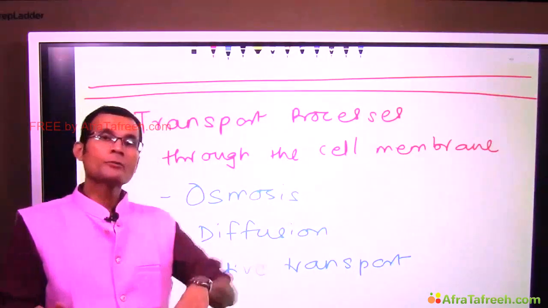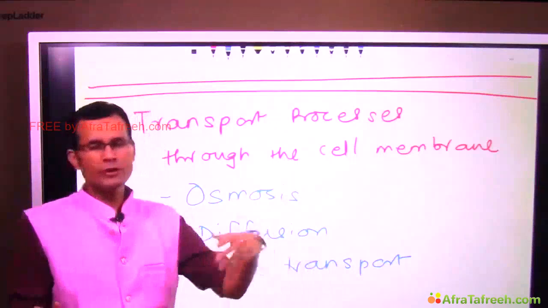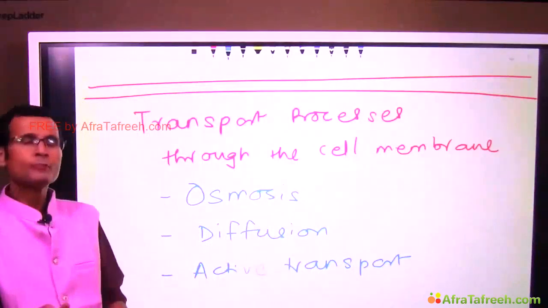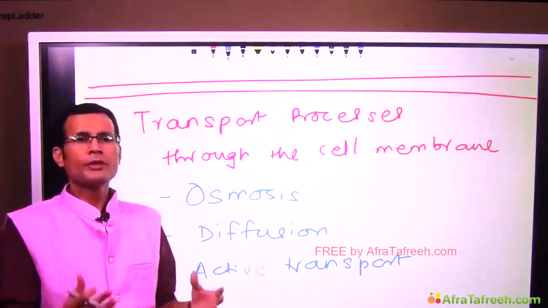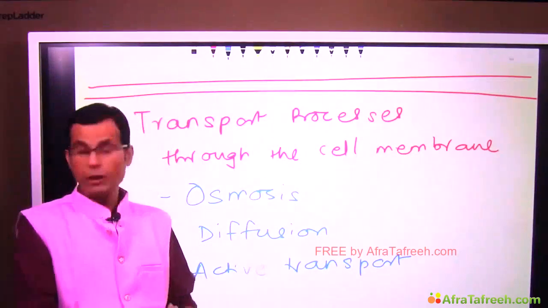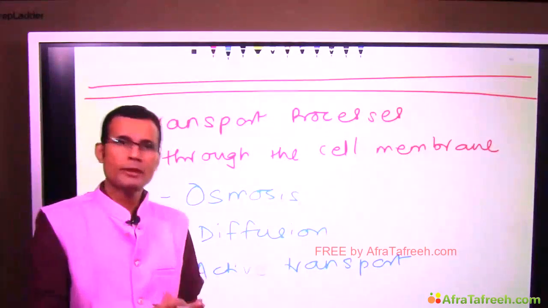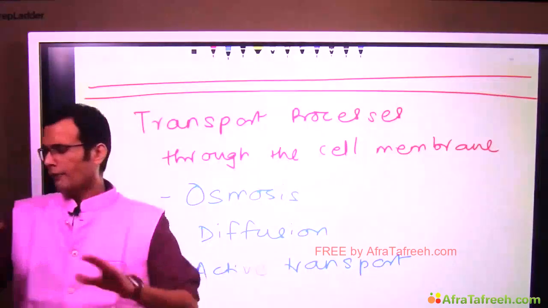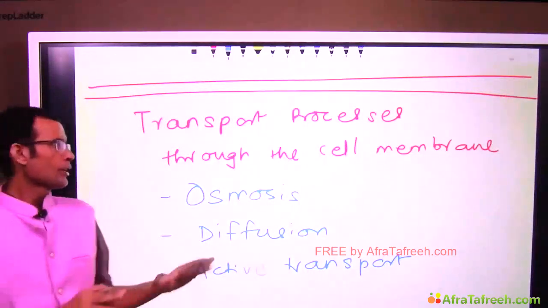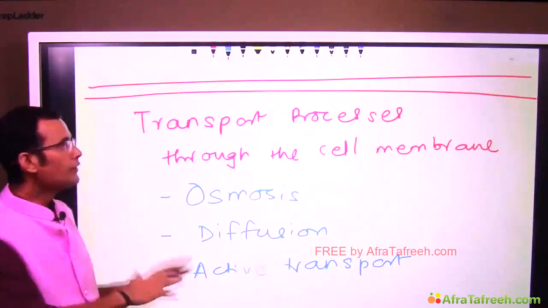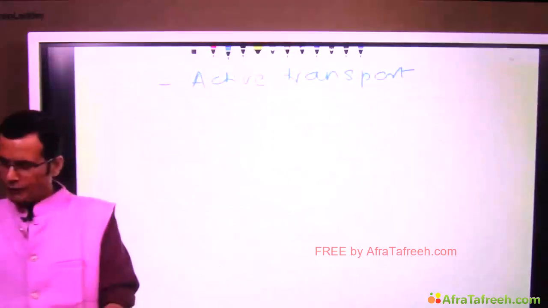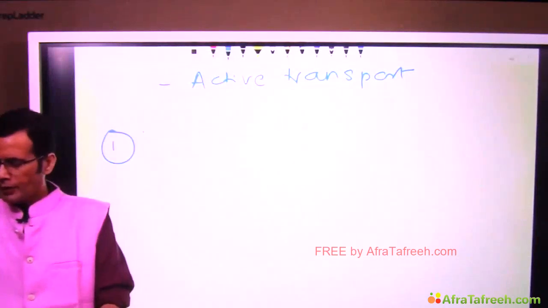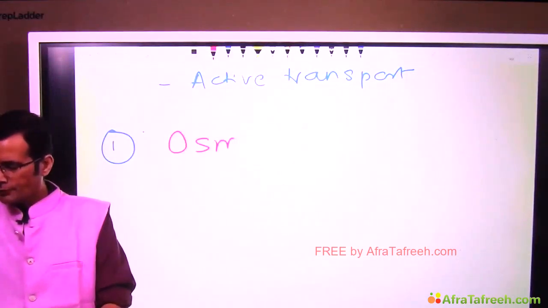And when we say only transport across the cell membrane, for example, endocytosis, exocytosis, in those cases, the substances do cross the membrane, but without actually going through the cell membrane. So, having made this distinction, now is the time to look at these processes, transport through a cell membrane. Let's begin with the first one, the osmosis.